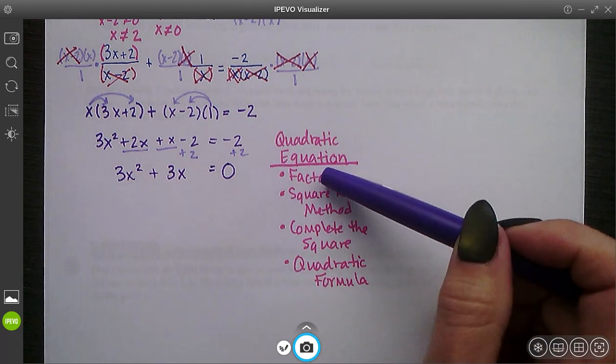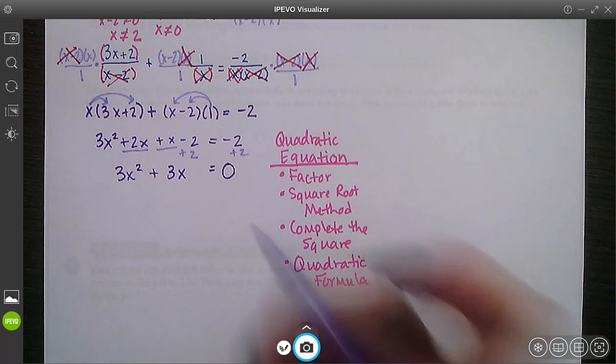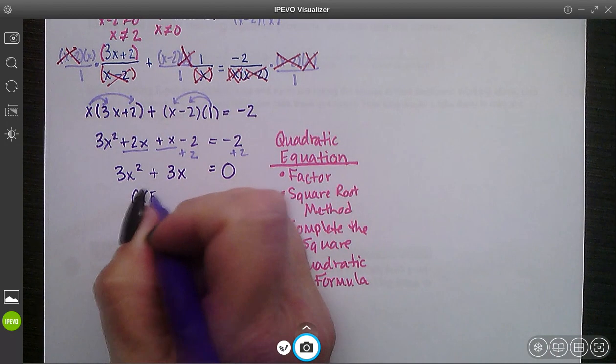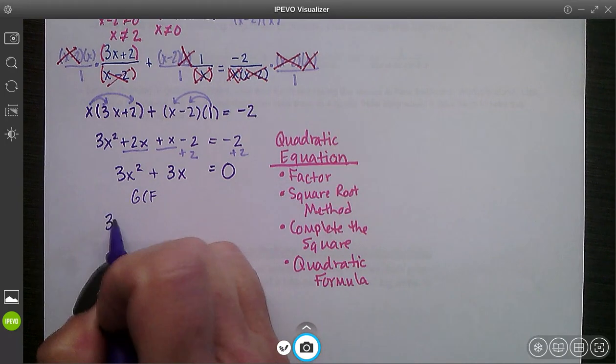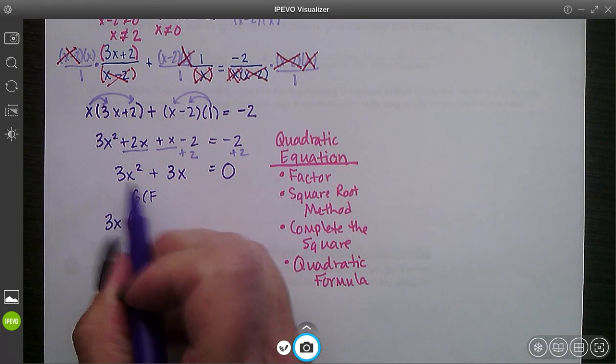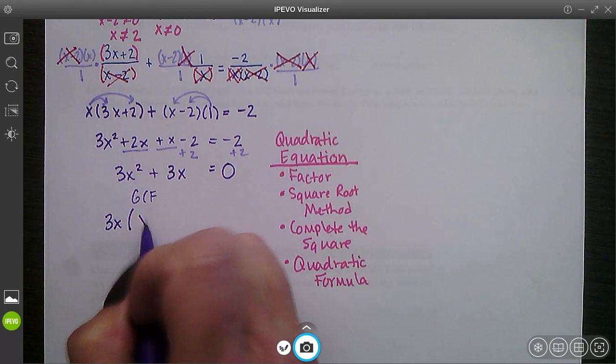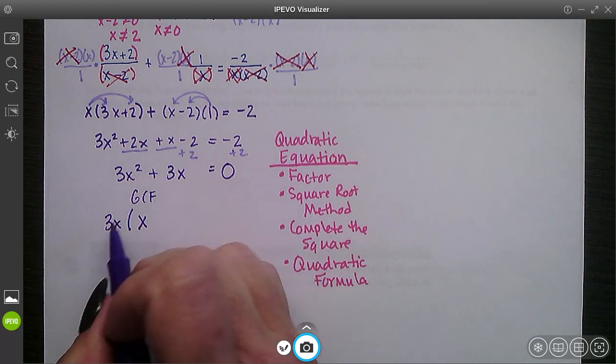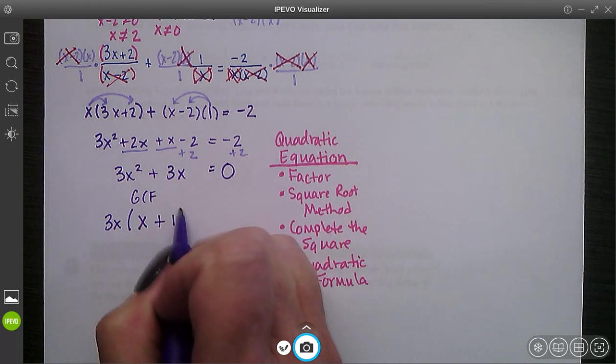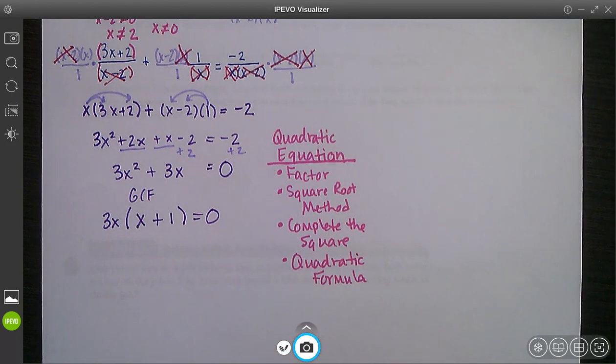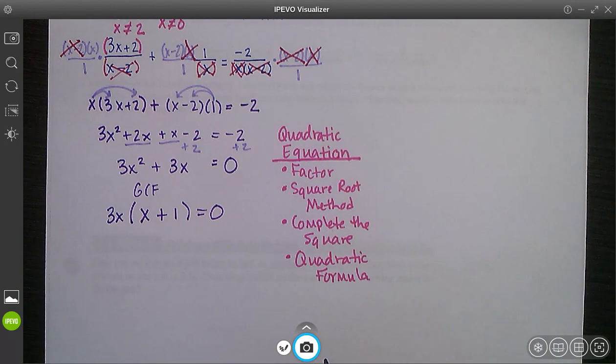So if I start factoring, then what I want to do is look for a GCF, which is 3x. So when I divide 3x squared by 3x, I'm left with x. When I divide by 3x, I'm left with 1. So this factors to give me 3x times x plus 1.